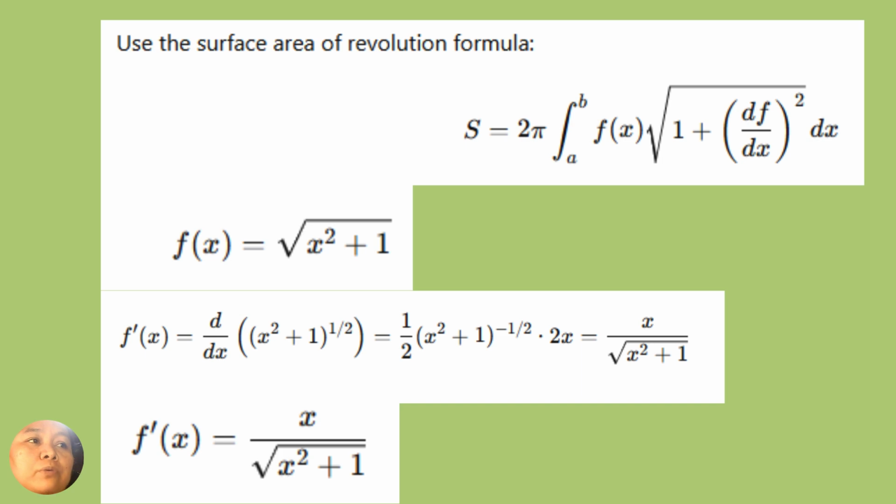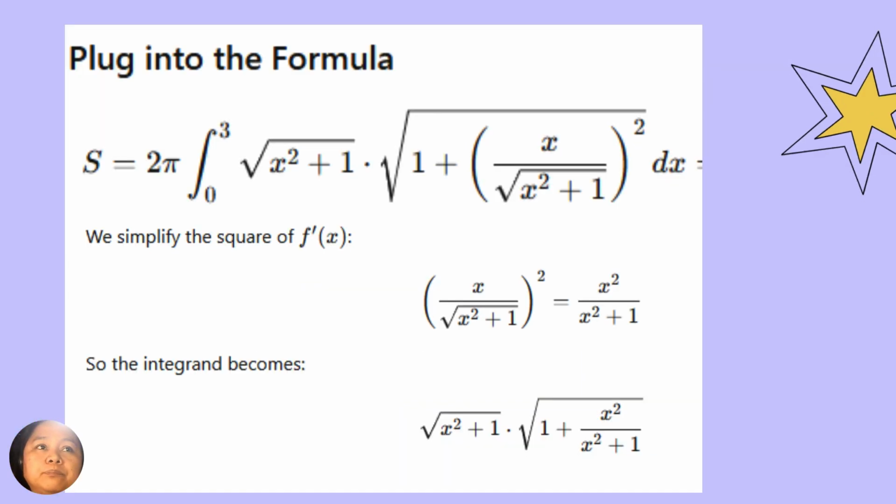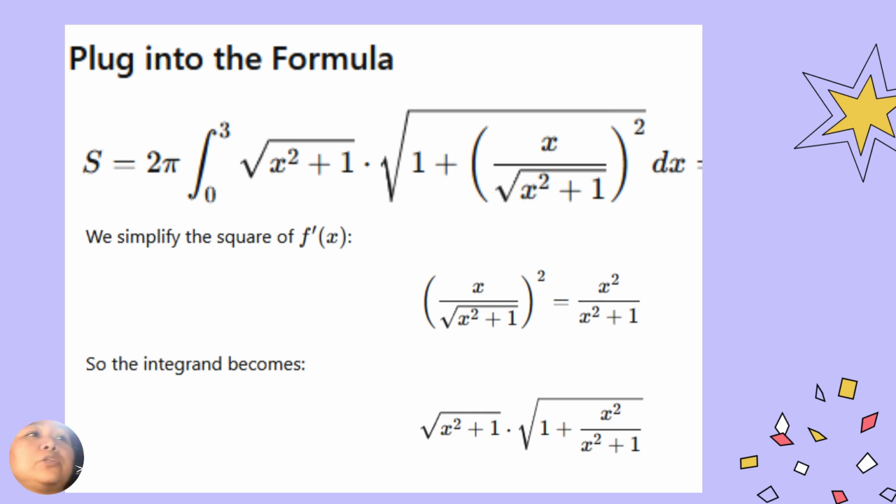Therefore, the derivative of our function is equal to x over the square root of x squared plus 1. Now that we have the value of f of x and the value of the derivative of f of x, we can plug them into our formula.